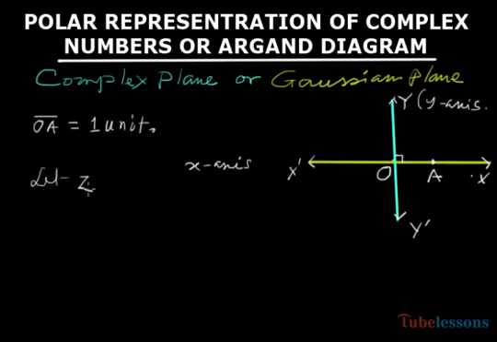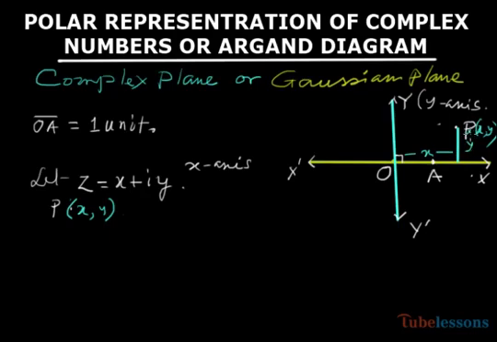Let Z is equal to X plus iY, and it is a complex number, and let P be a point whose coordinates referred to the axes are X, Y. Now, if we drop a perpendicular here, X is equal to this much and Y is equal to this much.